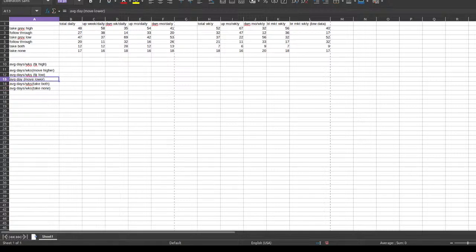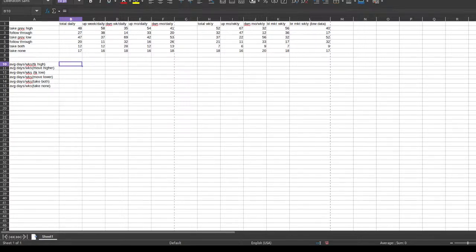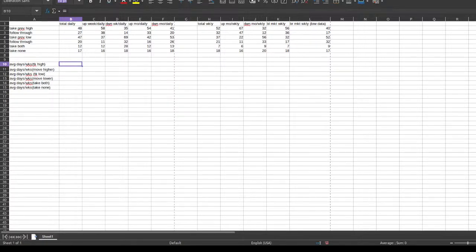So this is the average number of days and the average number of weeks that this is going to take for this chart to move higher or move lower depending on this period, right?